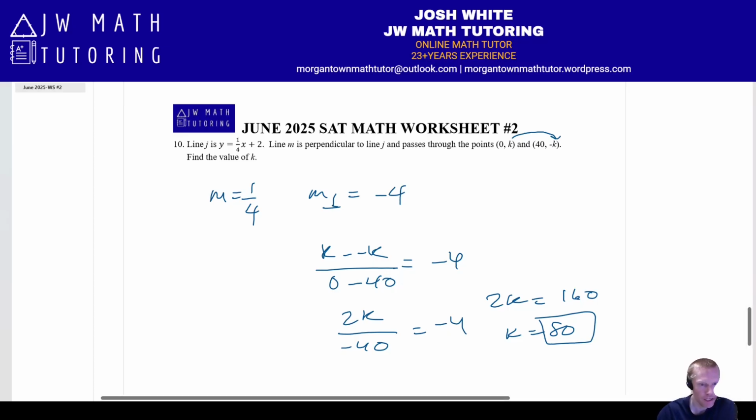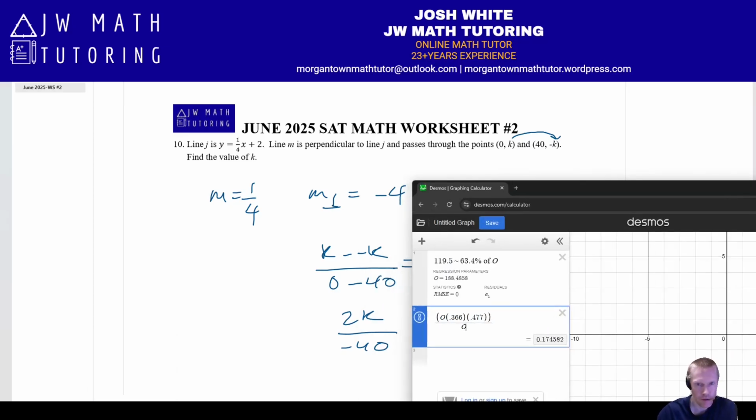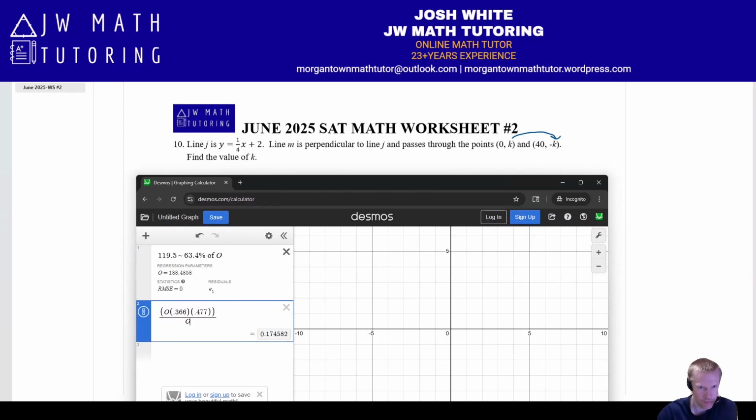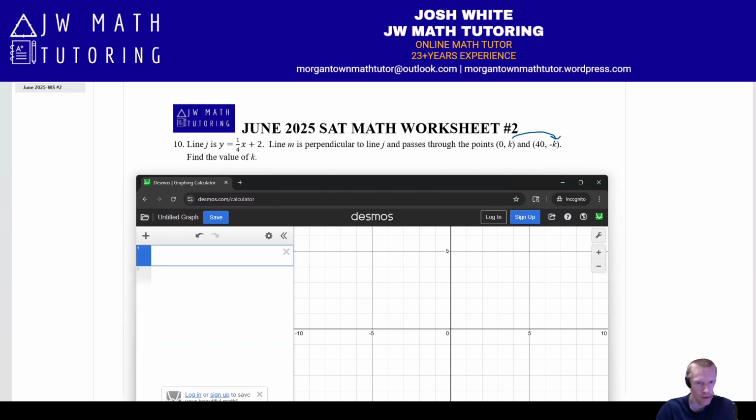Excuse me. Now, let's see how we could do this in Desmos. So essentially, because I have a constant here in my points, I am going to enter the values, the x and y coordinates, in separate lists, not in a table.